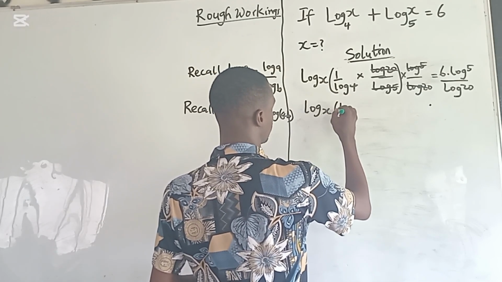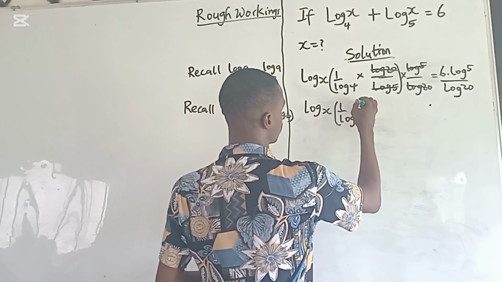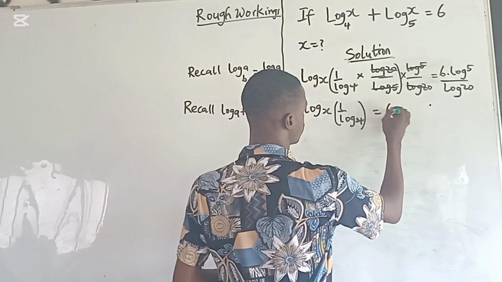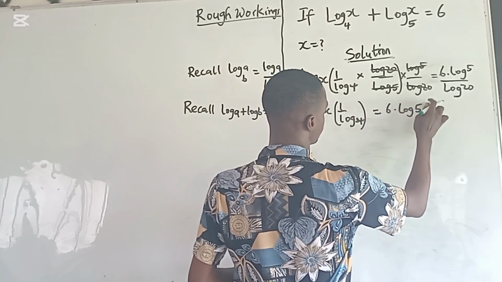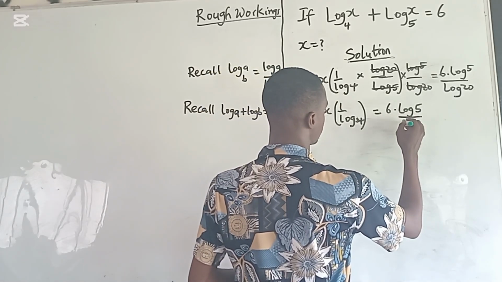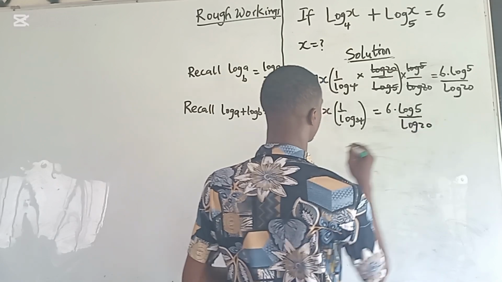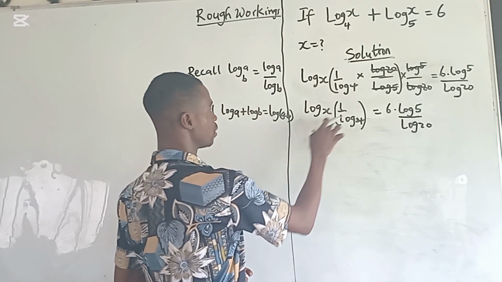open bracket 1 all over log 4 close bracket equals to 6 dot log 5 all over log 20. So now what we are going to do is this.